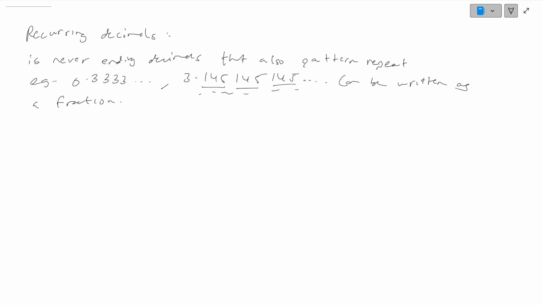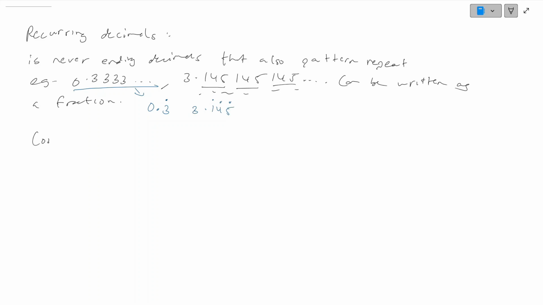And another way of writing them is you add a dot on top of the pattern or the number that repeats. So for 0.33333, we would just write it as 0.3 with a dot on top, which shows that it's repeating. For 3.145, we would put a dot on each number.